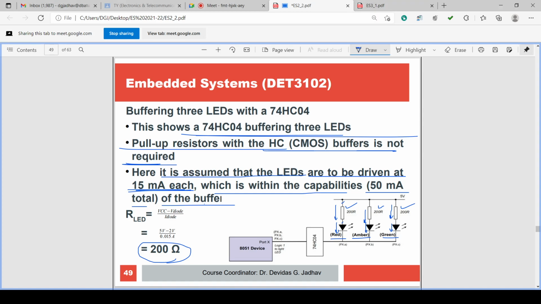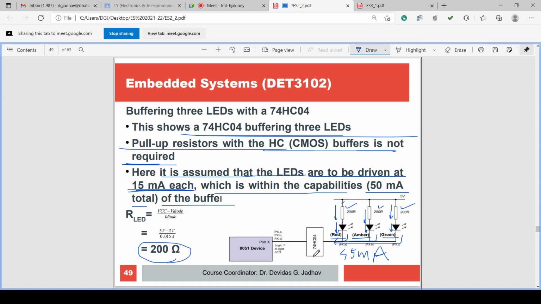The first resistor provides 15 milliampere to the red LED, the second resistor provides 15 milliampere to the amber LED, and the third resistor provides 15 milliampere to the green LED. All these currents flow through the buffer: 15, 15, 15, total 45 milliampere.